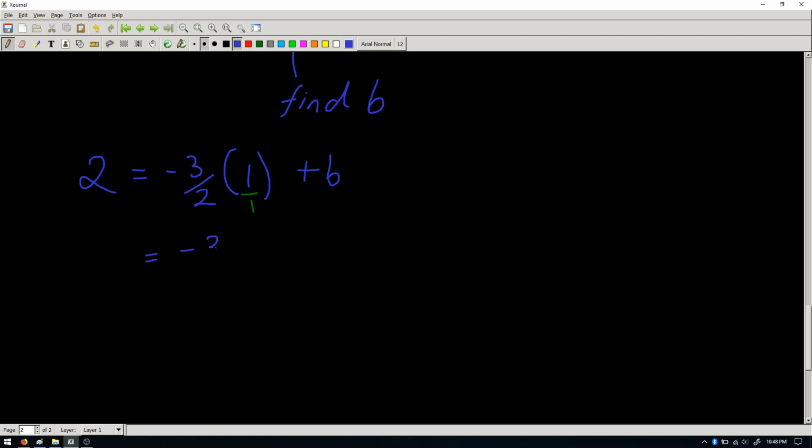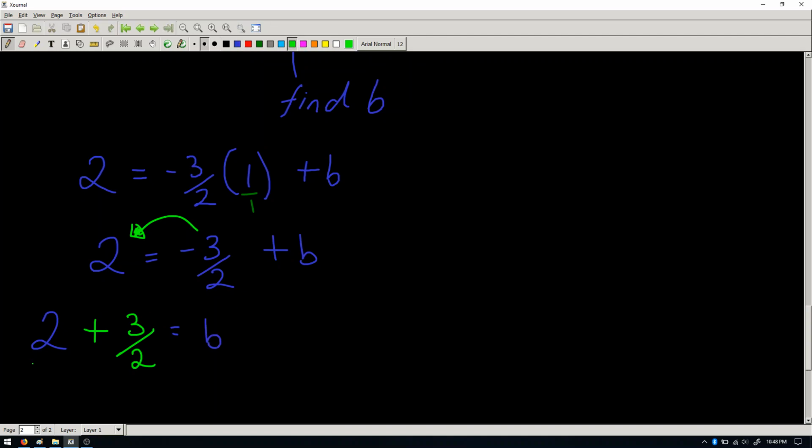I will get negative 3 over 2 plus b equals 2. Then all I have to do is move the negative 3 over 2 over to the other side. I will end up getting 2, and the sign actually changes and turns into a plus, plus 3 over 2, equals b.